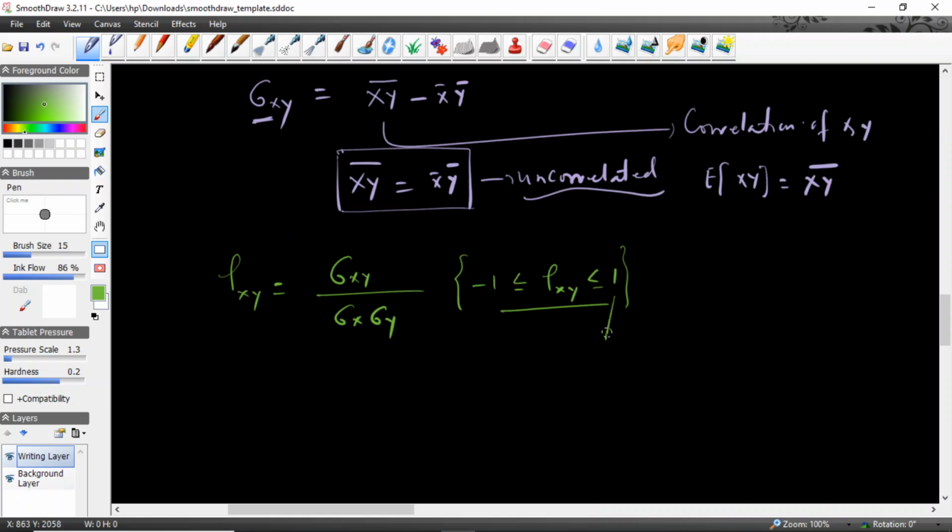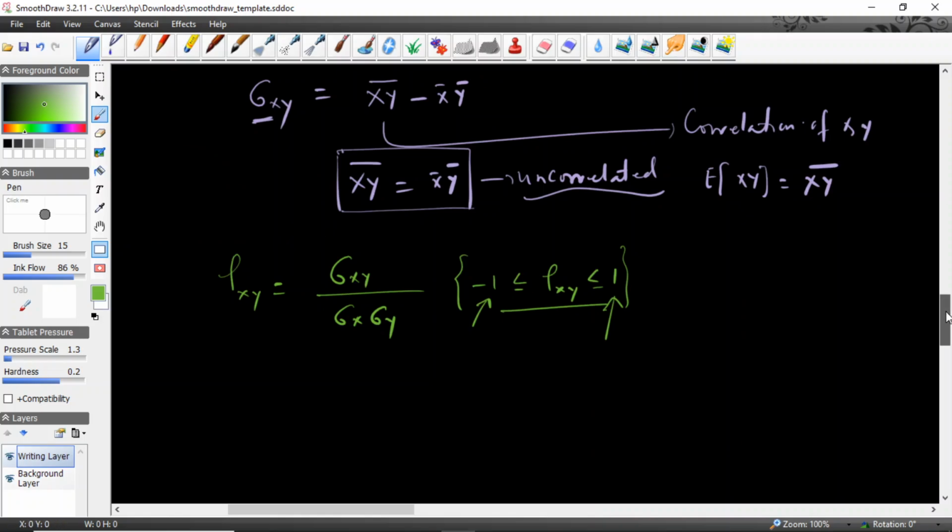So when it is 1, the two random variables x and y are highly correlated, or they have a positive correlation, and when it is -1, they have a strong negative correlation, and if this correlation coefficient is 0, then there is no correlation between the two random variables.